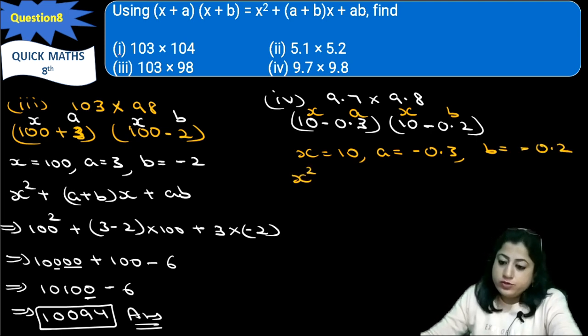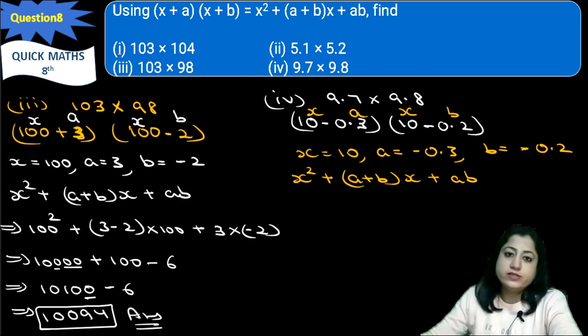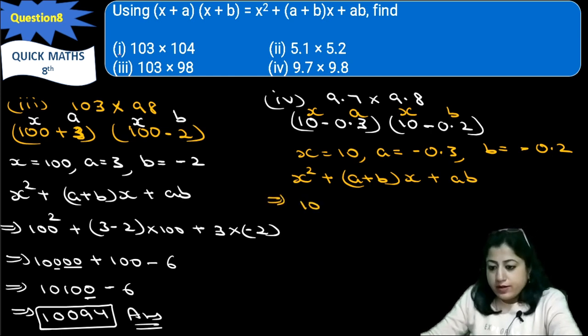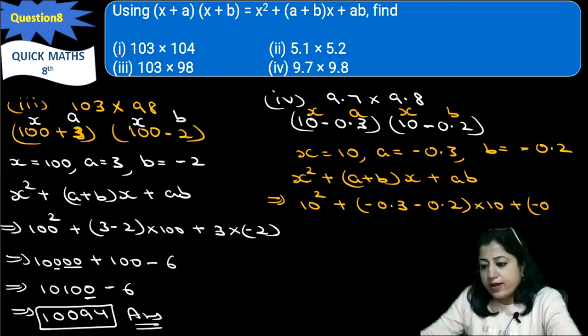So the solution is x square, plus the sum of A and B times x, plus the product of A and B. Just put the values: 10 square plus A is minus 0.3, B is minus 0.2, into x is 10, again minus 0.3 and minus 0.2.